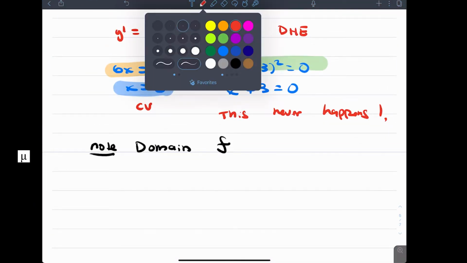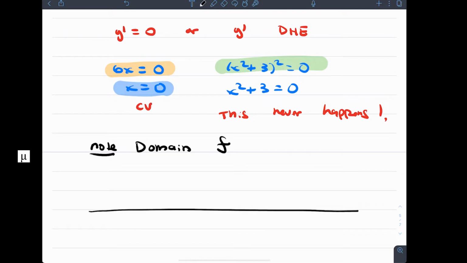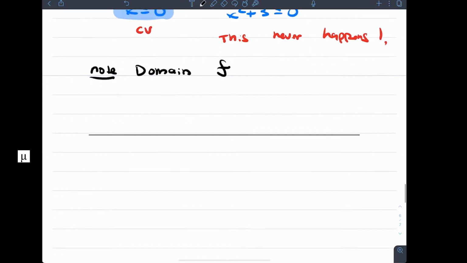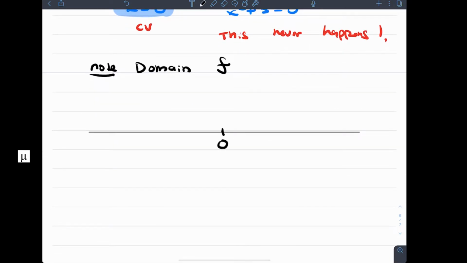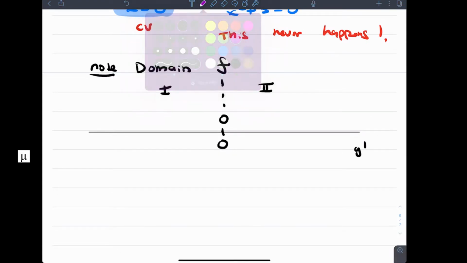So that's important. You say, why do I care about that fact? Because when you do your sign analysis, you're going to have a region to the left of 0, region 1, region 2, where the derivative is 0 here. Okay, so give me a test point to the left of 0. -1. Give me a test point to the right of 0. Oh, +2.